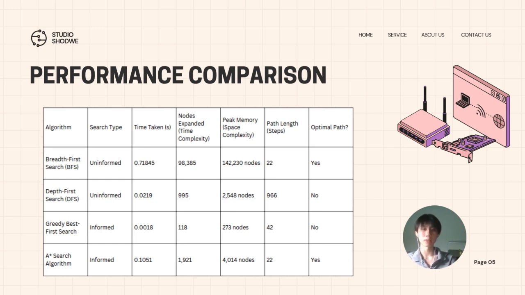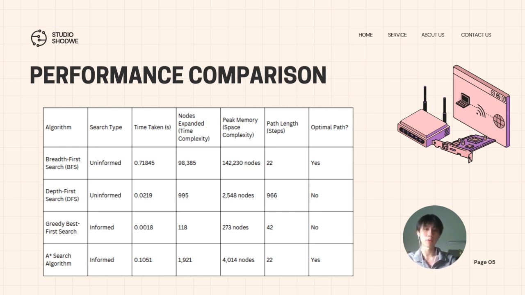And lastly, let's take a look at the A-star search algorithm. The time taken for the A-star algorithm to find the solution is around 0.1 second, which is considered moderate, and this is due to the number of nodes that it explores being moderate, which is around 2,000 nodes, and this also causes it to consume a moderate amount of memory among all of the algorithms, as it stores around 4,000 nodes in its memory.